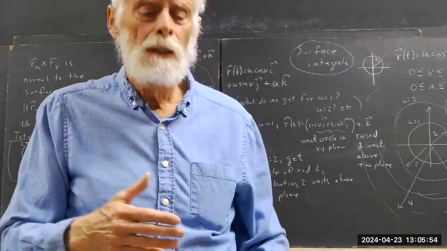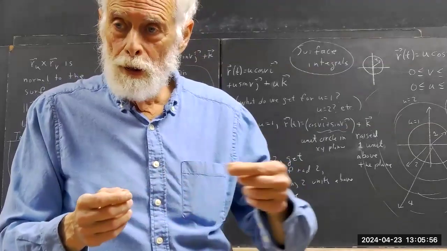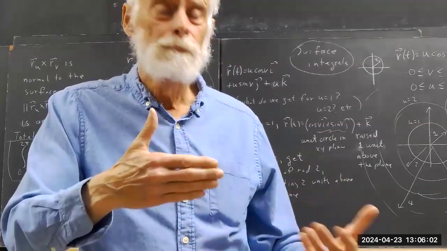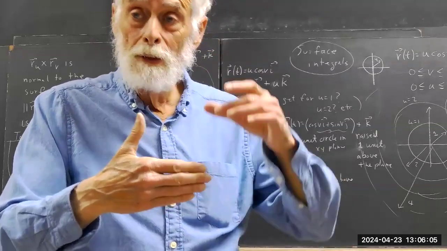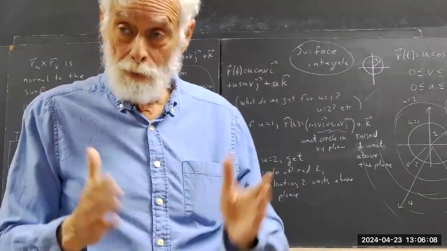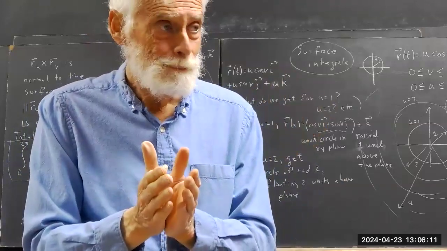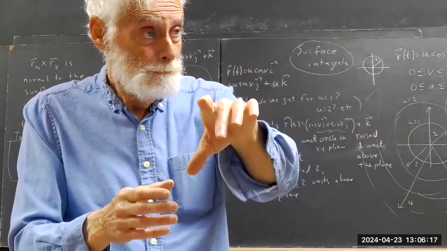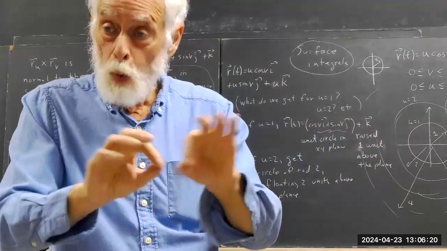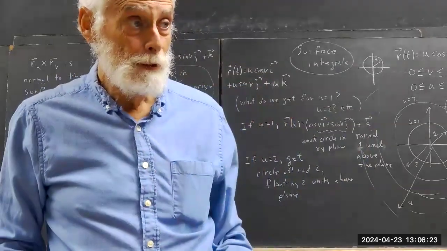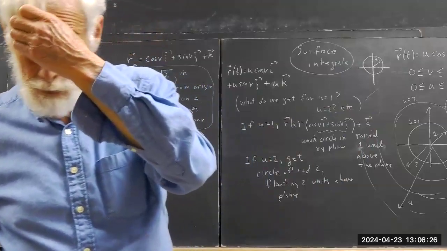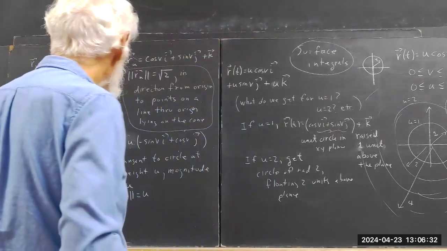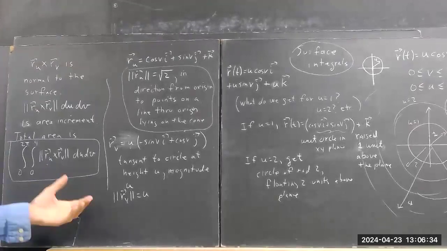As in polar coordinates, the further you get from the origin, the bigger the influence of the change in the angle on the area increment. Remember in polar coordinates, a delta theta comes out like this from the origin. The further out you are to do an increment, the wider the increment is, the greater its area. I don't want to redraw that, and we don't want to digress all the way back to that.